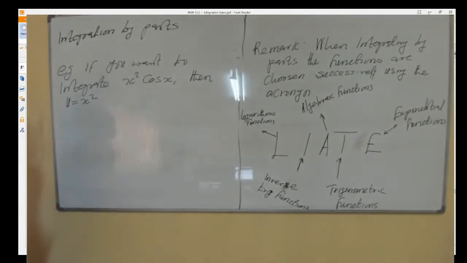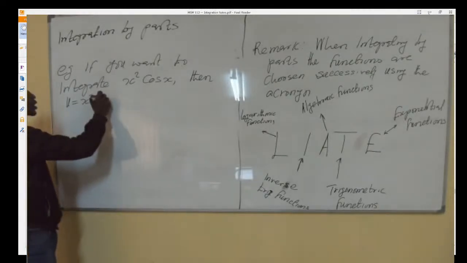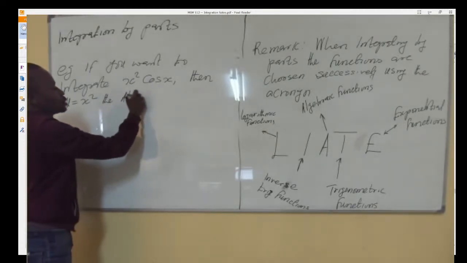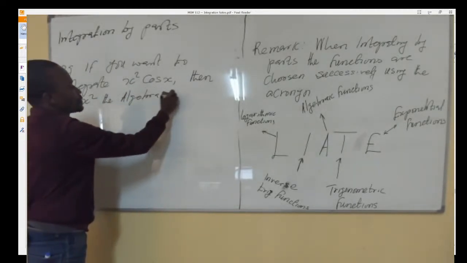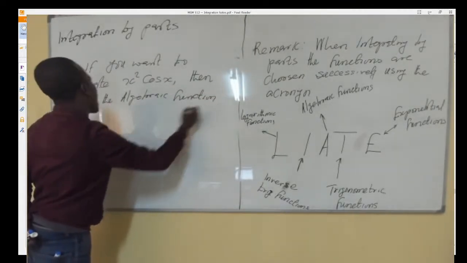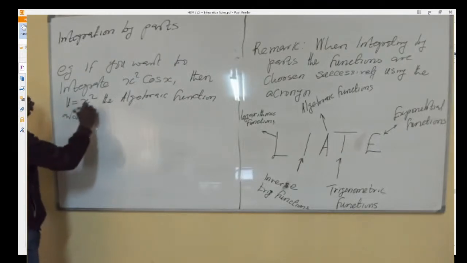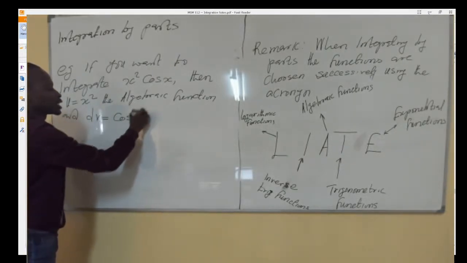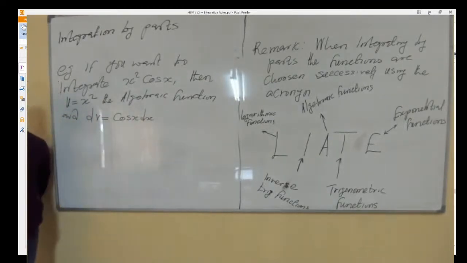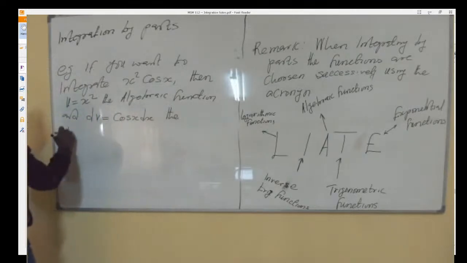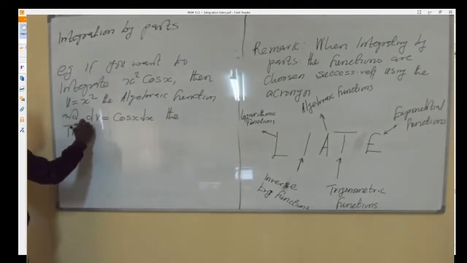Which is the algebraic function. And your dv will then become the cosine of x dx, which is the trigonometric function.